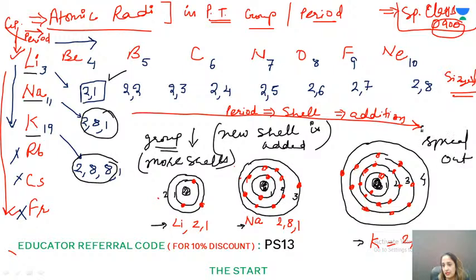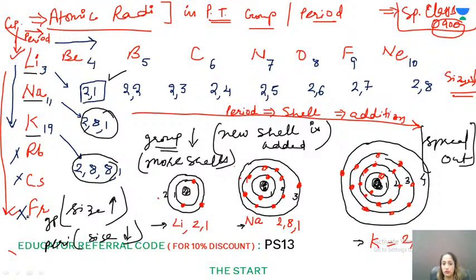Okay, this will be kind of spread out. So that is why as we move down the group, the size increases. As we move in group, the size increases. In a period, size decreases as we move. Okay, so this is one of the trend that you will have to remember.